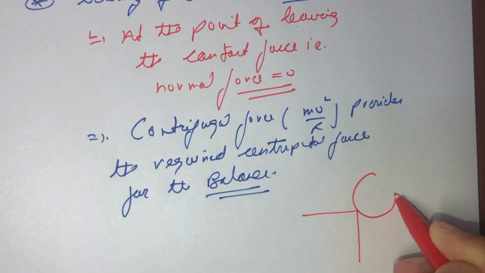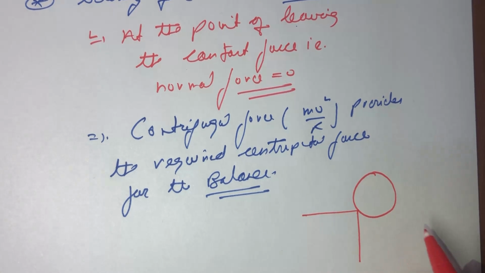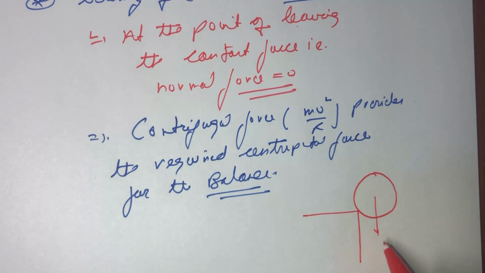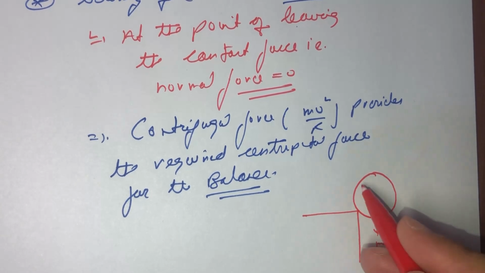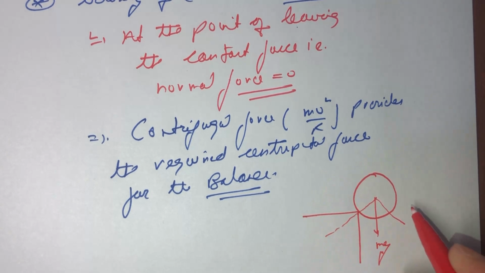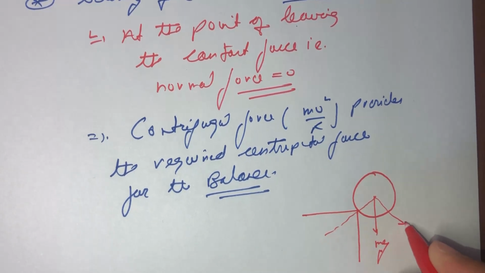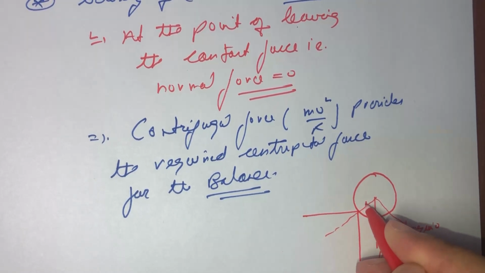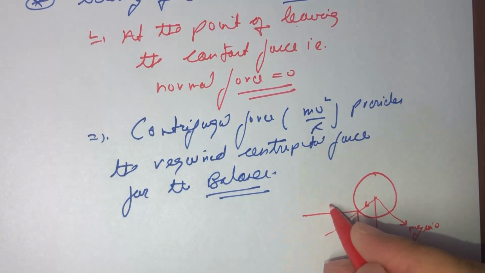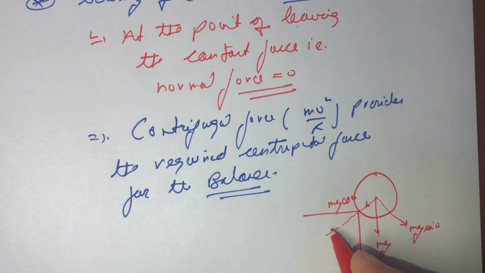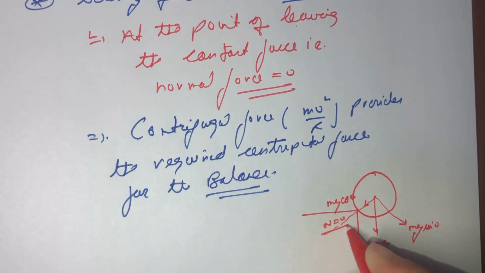At this point it is about to leave, so we are going to have mg in the downward direction and two components. This will be our mg sine of theta, and this will be our mg cos of theta, and here the normal value will be equal to 0.